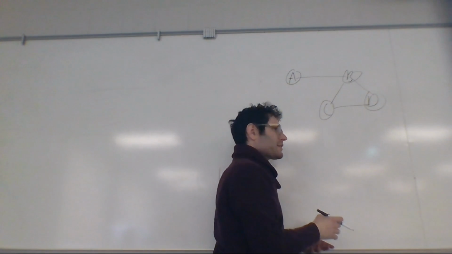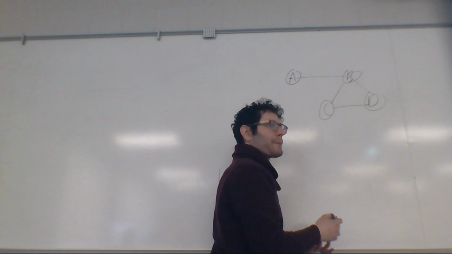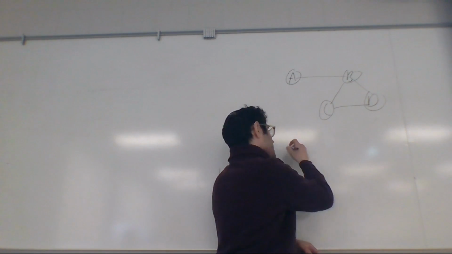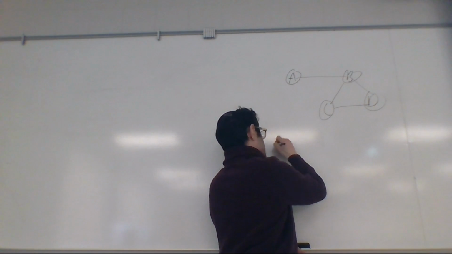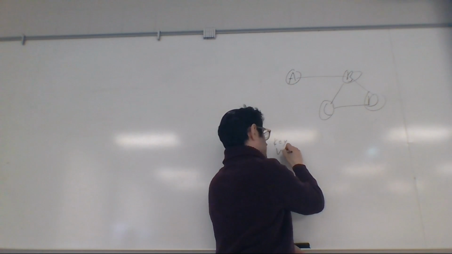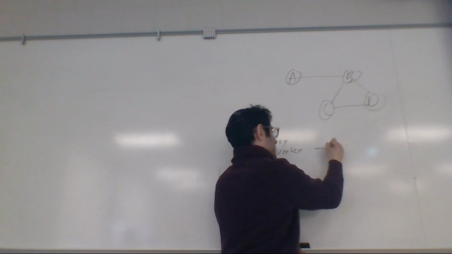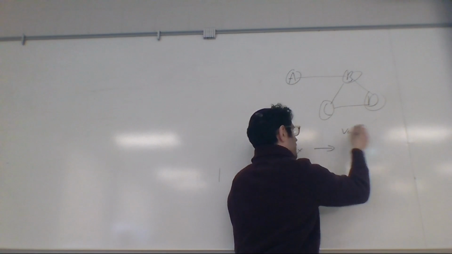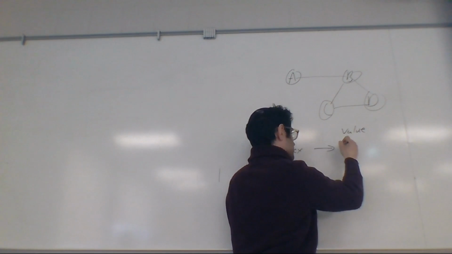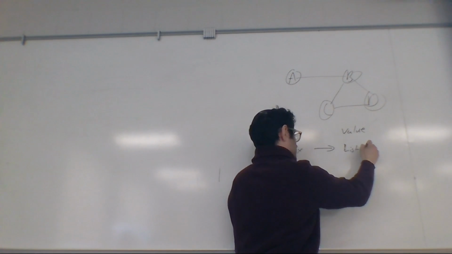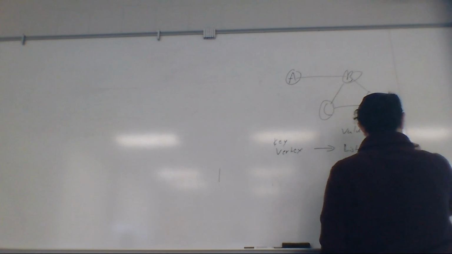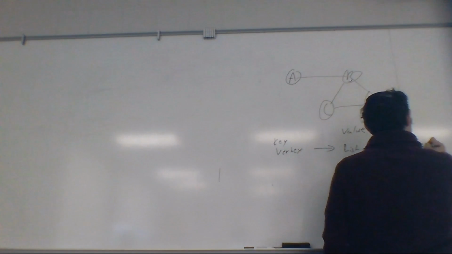What we do is that we basically store everything in a map. So the vertices are stored in a map. And the key is the vertex, and then the value is the list of all the vertices that I'm connected to.